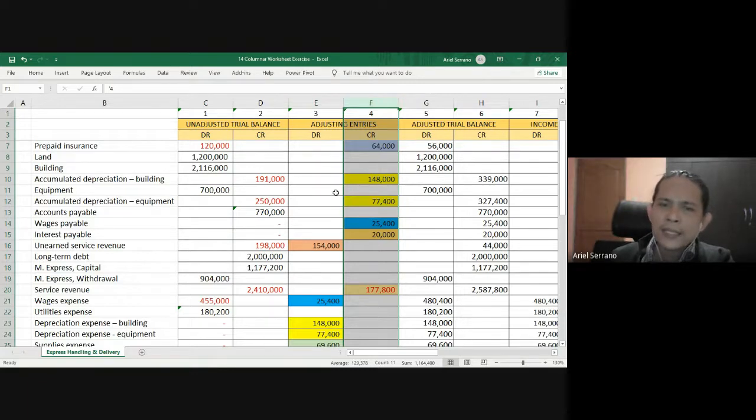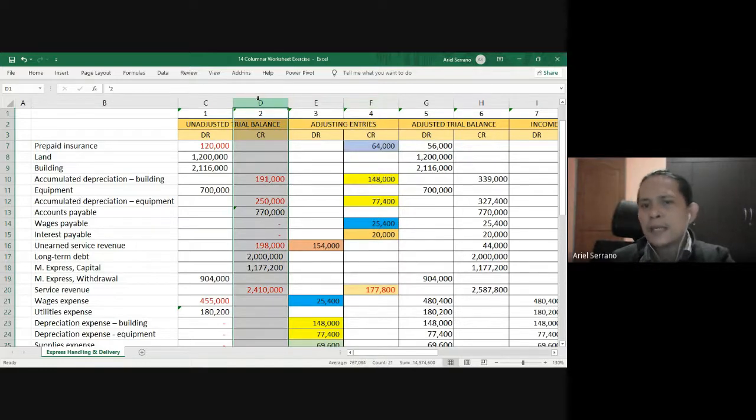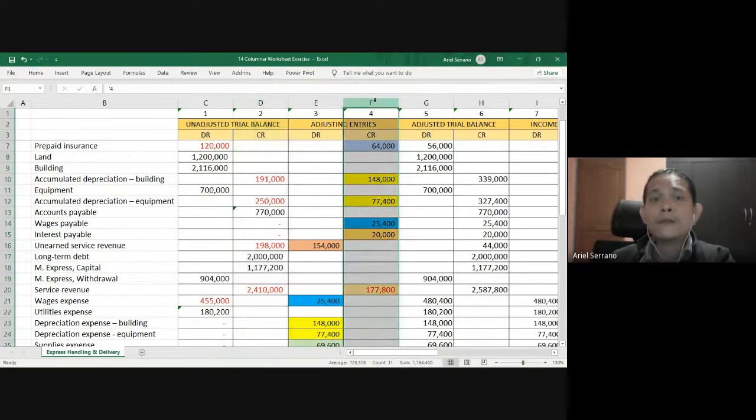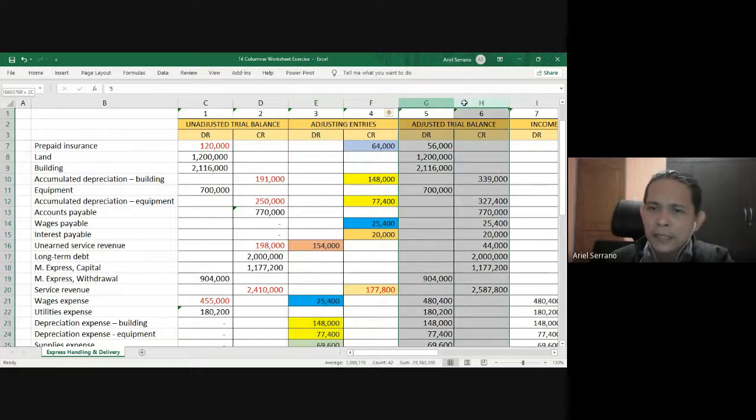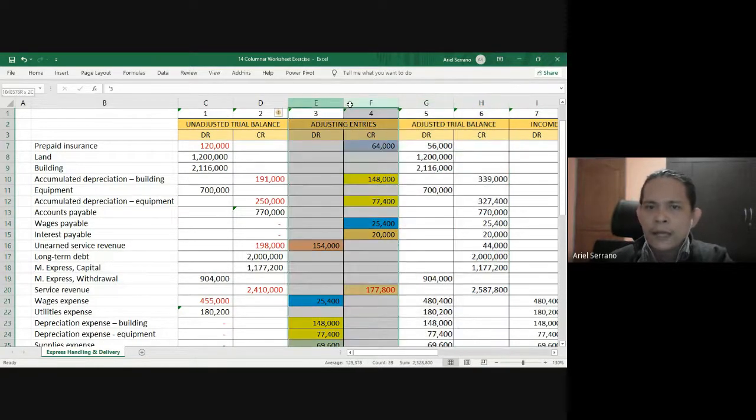For liabilities, equity, and revenue accounts, the normal balance is credit. If there is a credit adjusting entry, you have to add it. If there is a debit adjusting entry, you have to subtract it to get your adjusted balance. However, in this case, we are working back. We have the adjusted trial balance and we were able to identify the adjusting entries.